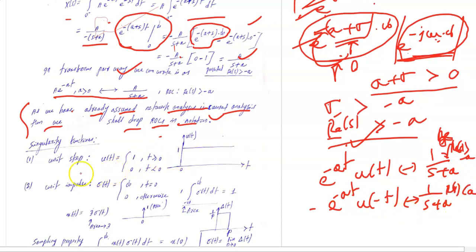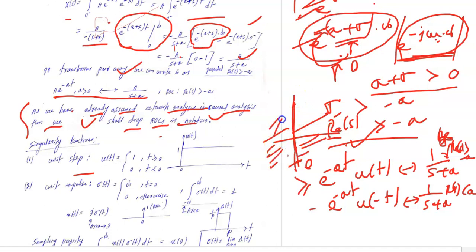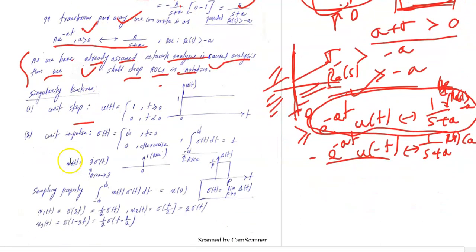As we are considering only one-sided Laplace transform, that is causal analysis, that is for t greater than or equal to 0, we are not interested in t less than 0, because this signal is existing for t less than 0. So that's why we always invariably drop the ROC in the transform pair when we are dealing with network theory.